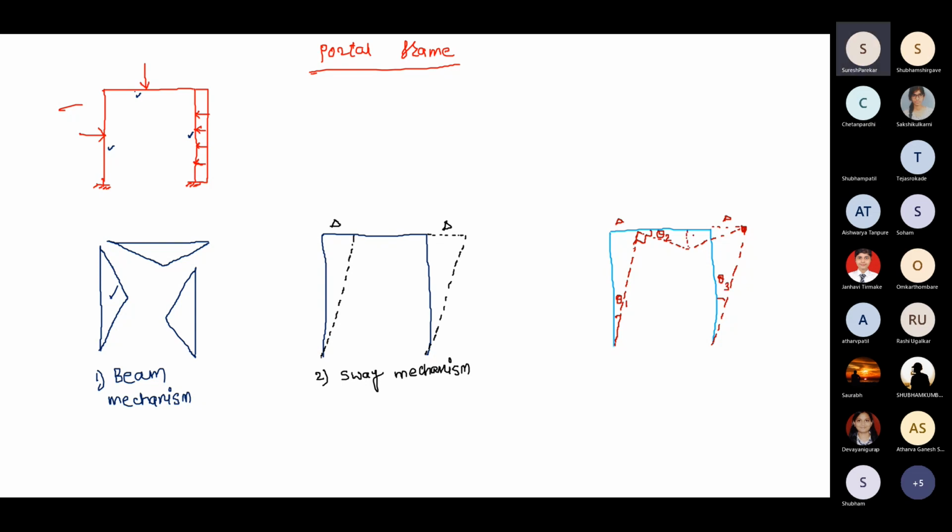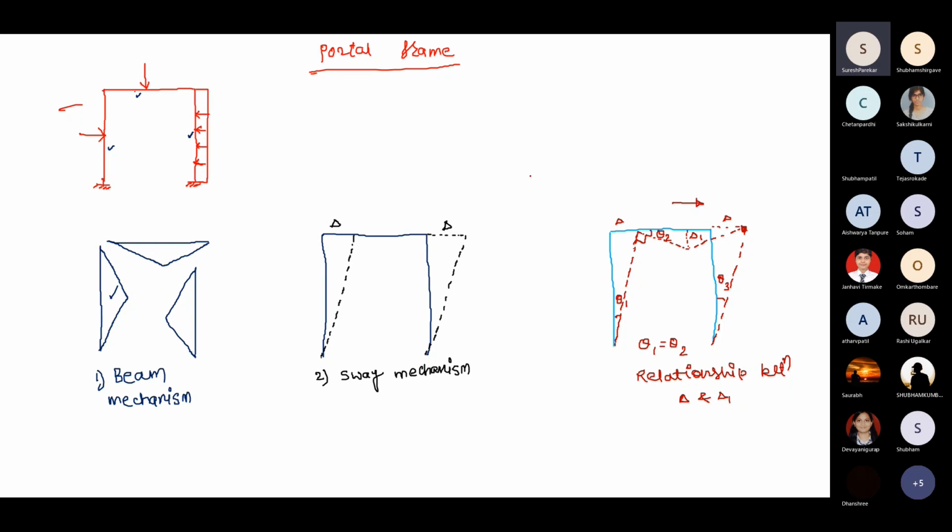Now to have a relationship between delta and delta 1, this will form at 90 degrees so that we can say theta 1 equal to theta 2 and we can form a relationship between delta and delta 1. Actually, on the side where you have sway, the hinge does not form; you have it on the opposite side.